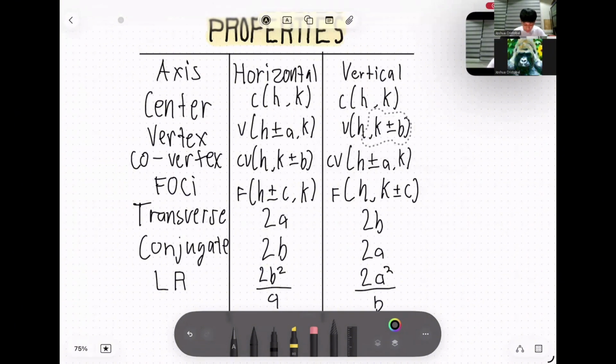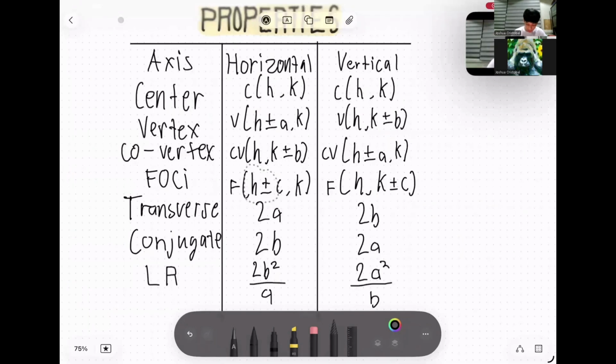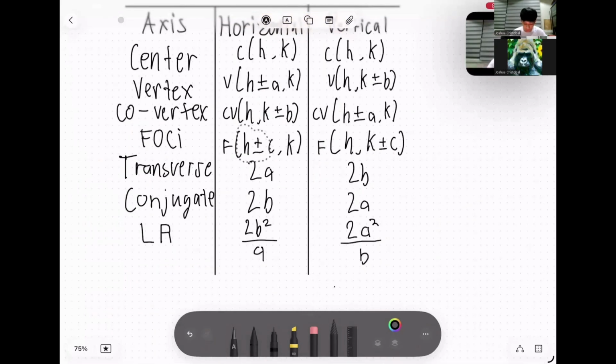And for the foci, whatever the type of axis is, for example, if it's a horizontal axis, then we will be adding c to h, and if it's a vertical axis, we'll be adding c to k. So basically, that's just a quick tip.